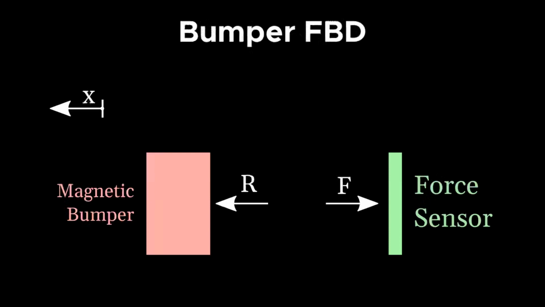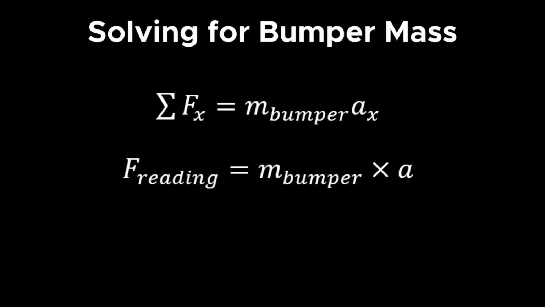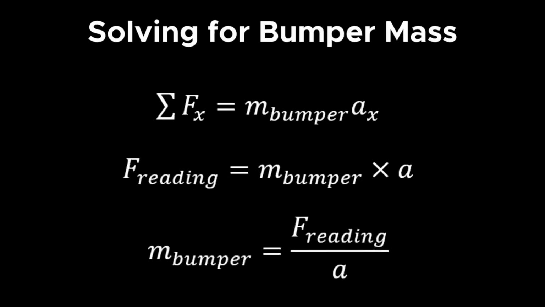In order to find the mass of the bumper, we can use the average force reading of 0.0192 newtons. The force sensor reports the force applied by the bumper onto the cart. Therefore, we can use this to calculate the mass of the bumper. We rearrange the sum of the forces in the x direction is equal to mass times acceleration in the x direction to get force reading equals mass of the bumper times acceleration, and substitute in our values.